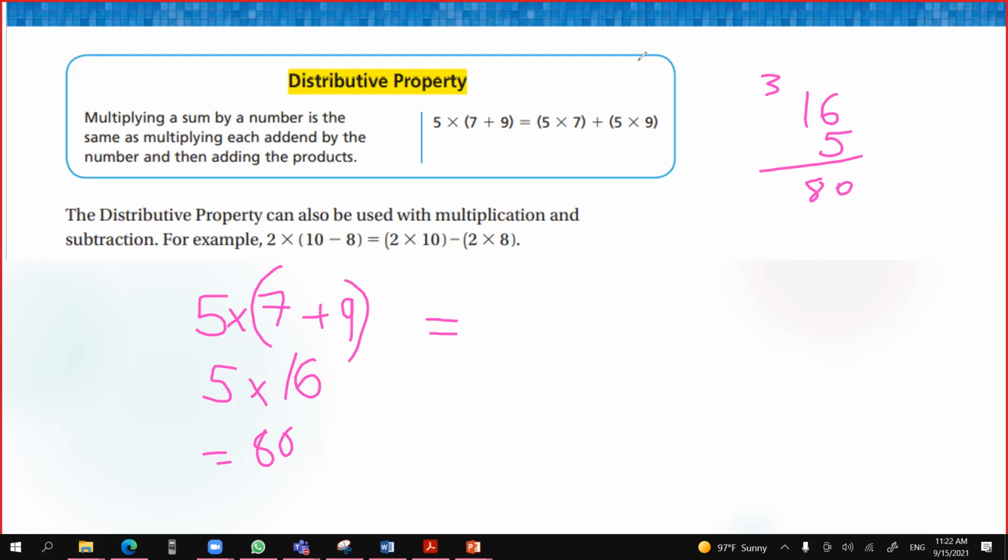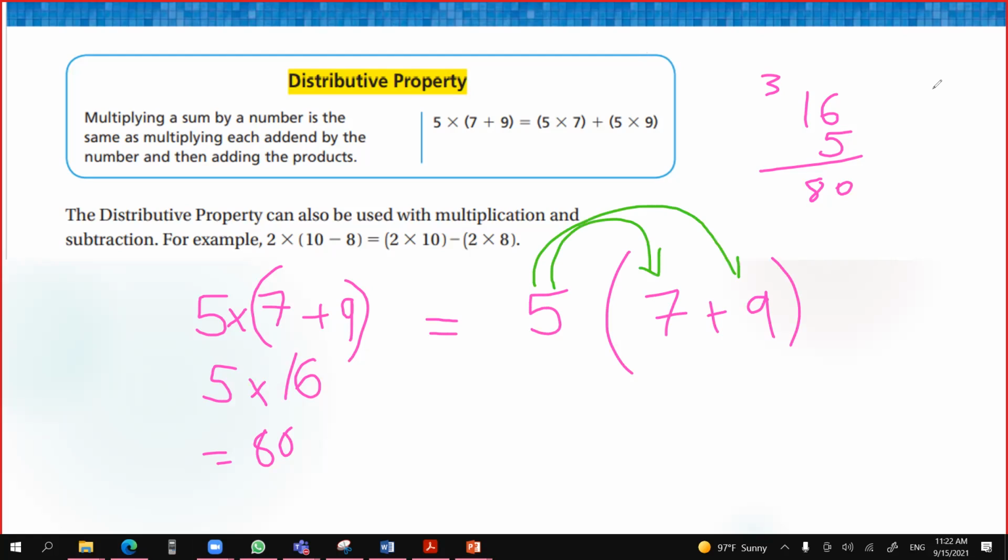Here we have 5 and 7 plus 9. I will distribute 5 into 7 and 5 into 9. Distribute the number on the addends.